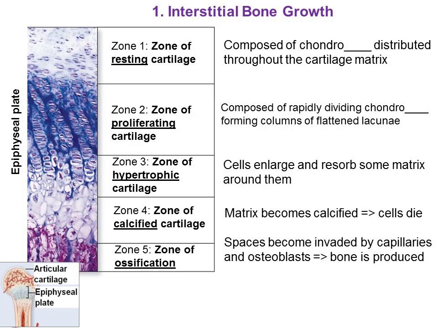And they're going crazy because not only are they producing a lot of matrix, but they're dividing and producing a lot of cells. And they're dividing so fast that these chondrocytes look like stacks of pennies. They're extremely flattened. It's just a result of how rapidly they're dividing. That's adding tissue to our epiphysial growth center.